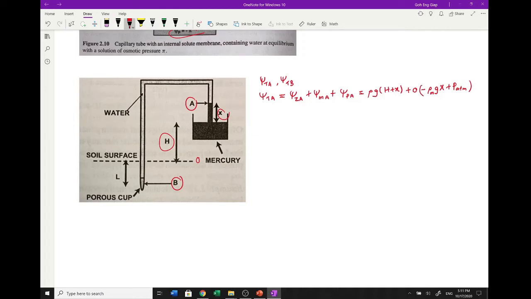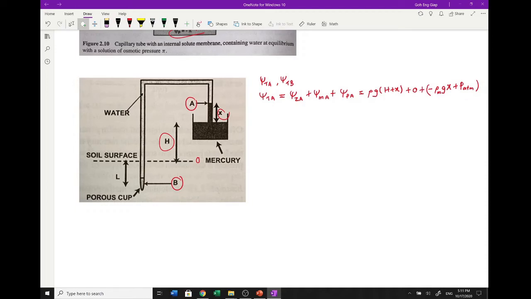Let me see if I could change this a little bit. Okay, yeah, so it's supposed to be like this.